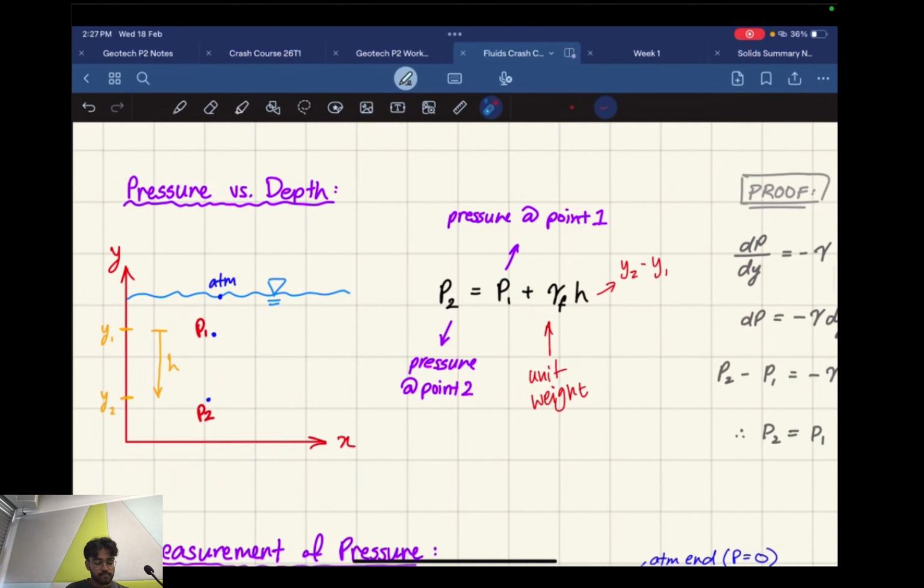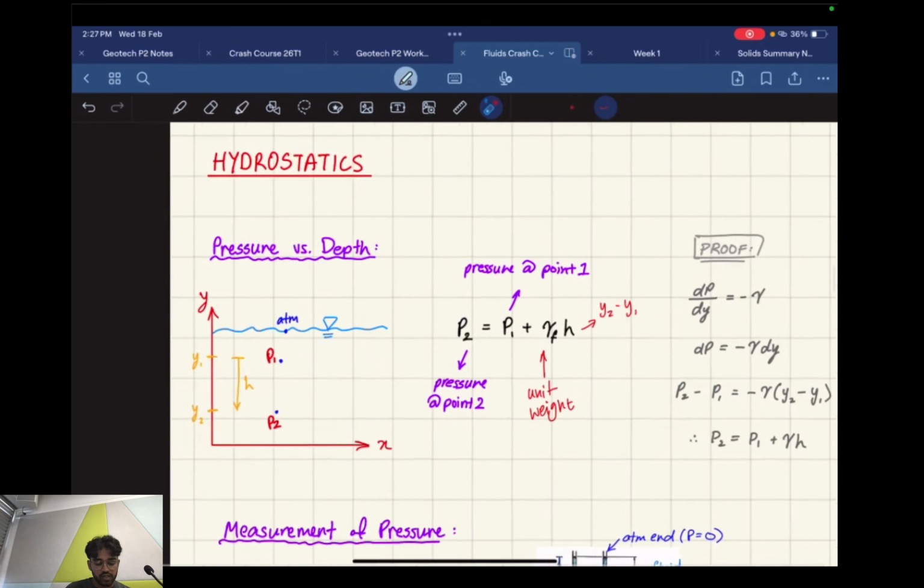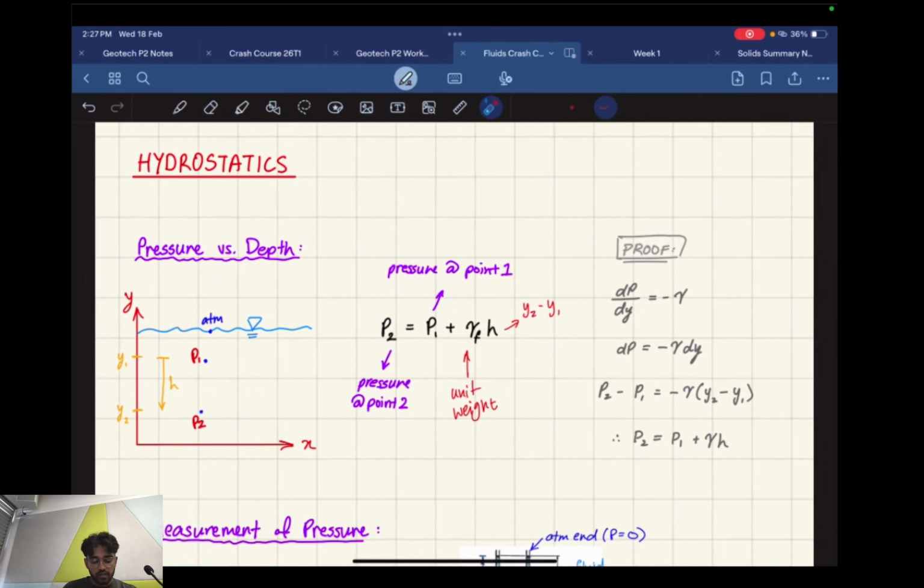This might not be as obvious, but it might be obvious actually, I don't know. As you go deeper, the pressure acting on the object is going to increase or decrease? Increase, exactly. A good example that I like to give, if you remember the Titan, the OceanGate submarine, a few years ago, it imploded on itself.